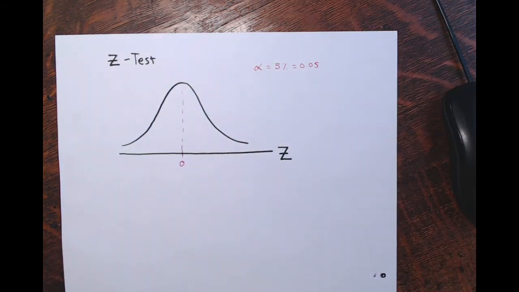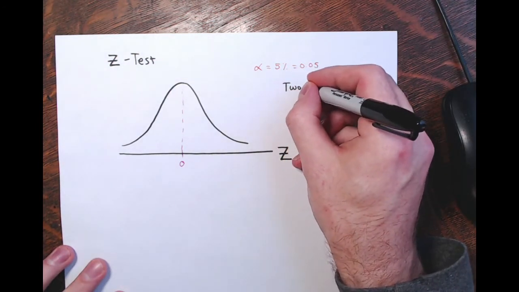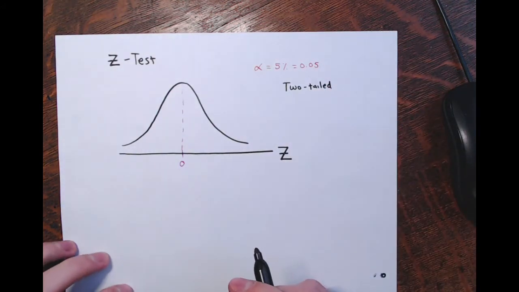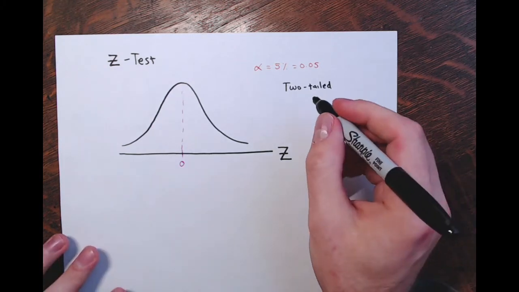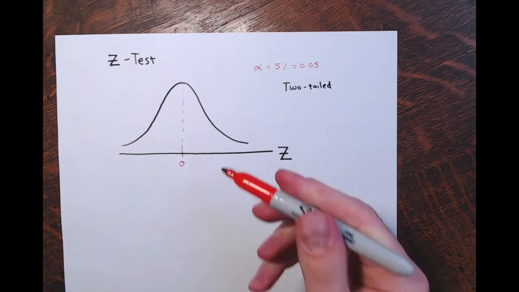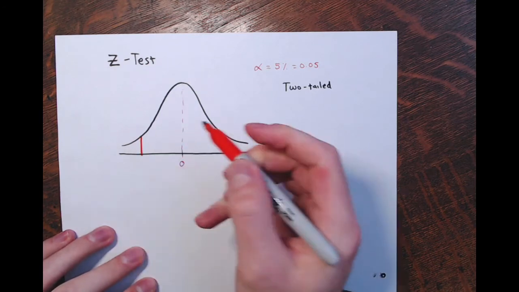When you have a two-tailed test, and that was because the alternative hypothesis was that the mean was not equal to 560, instead of being greater than or less than, there are going to be two critical values, one on the right and one on the left.